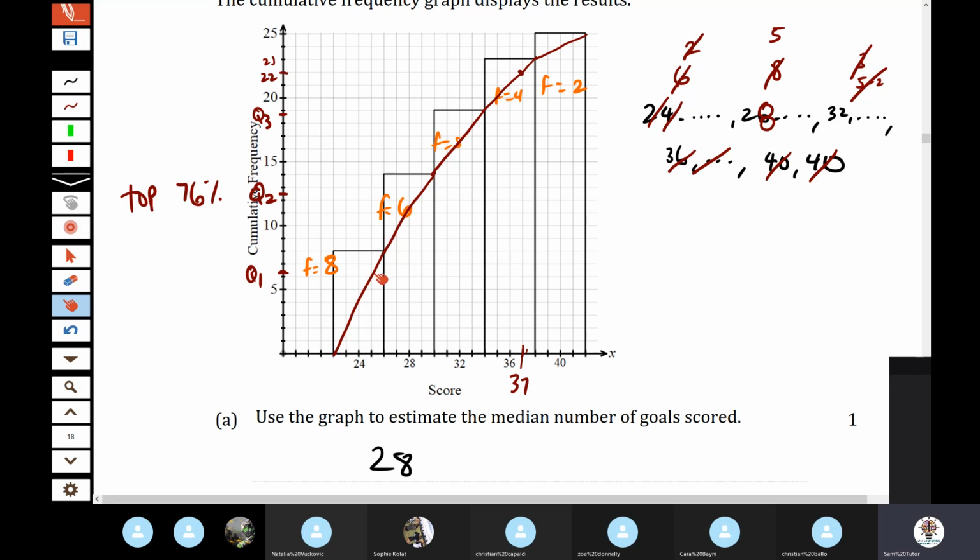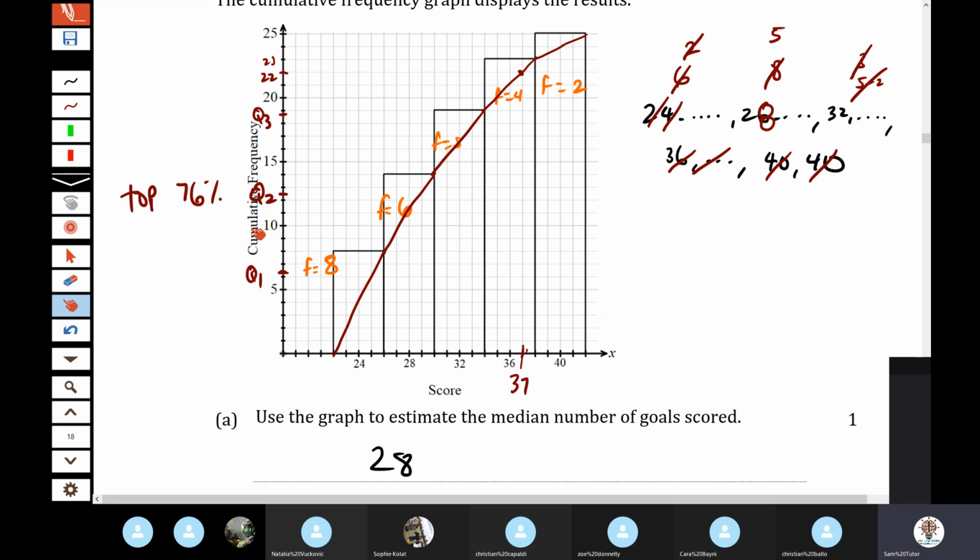If I go across, that's at 25%. So anything after that would be the top 75%. Or if I do it the opposite way, if that's Q3, just go across, let's just say it's here. Anything above that is the top 25%, whereas anything below that is the bottom 75%. We're all okay with that? Okay, we need to find the 76th percentile.